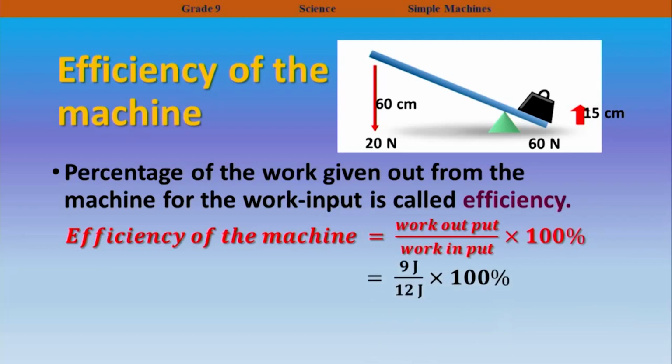Earlier we calculated work output, that was 9 joules, and work input is 12 joules. As a percentage we will get 75%.